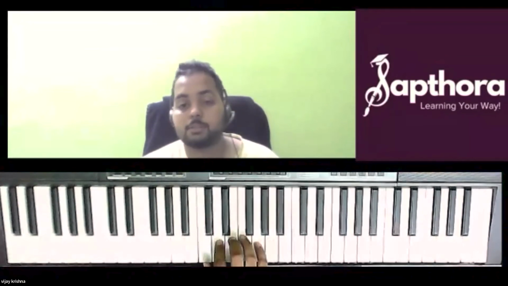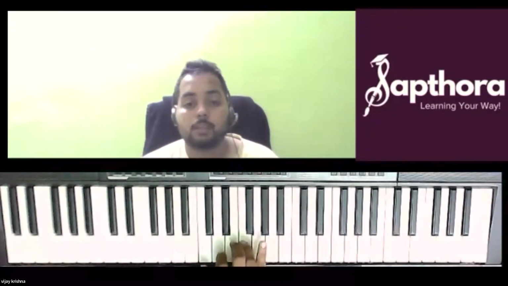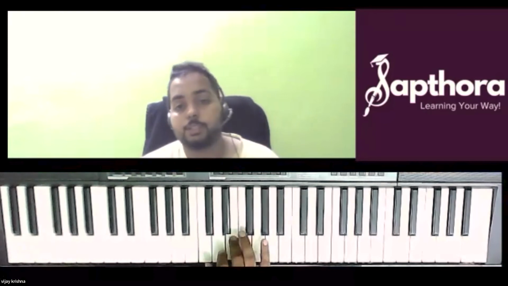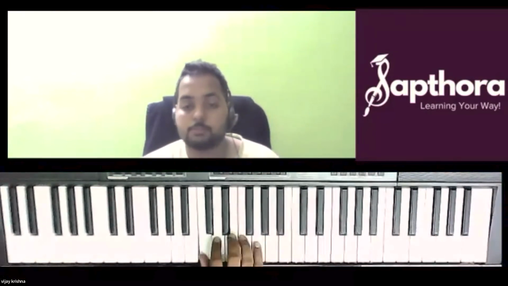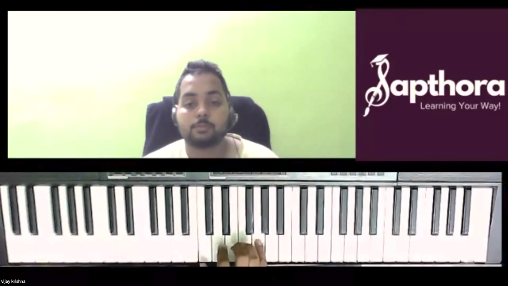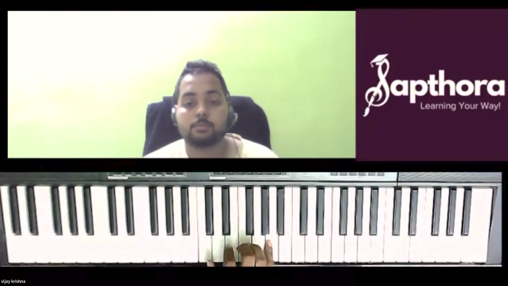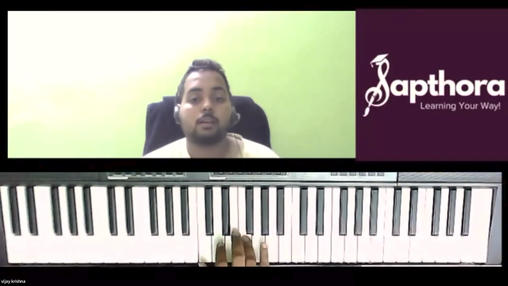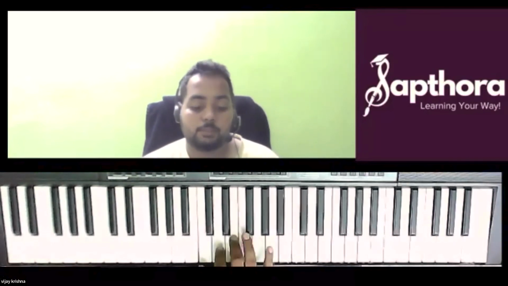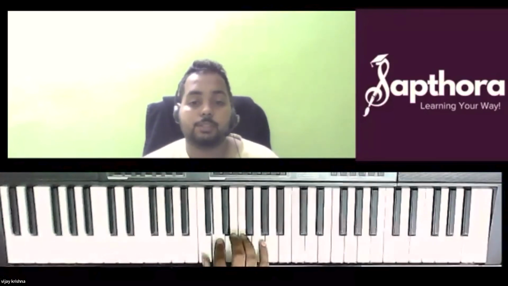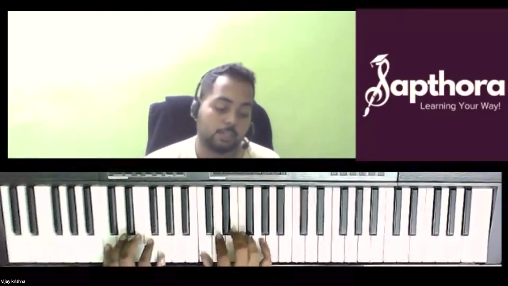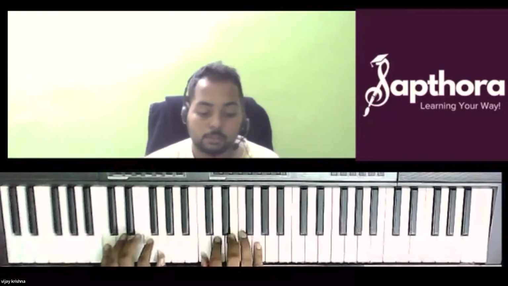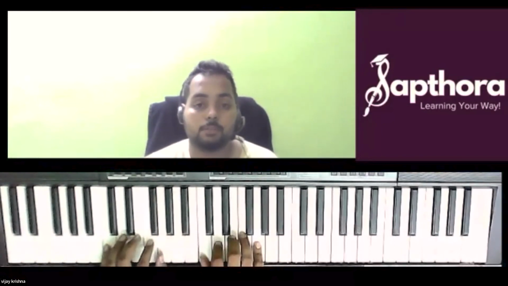Again the same notes G, G, F, E, D. Now the C, C, F, E, D, C. Now the left hand part will start right below the right hand, towards your left-hand side.